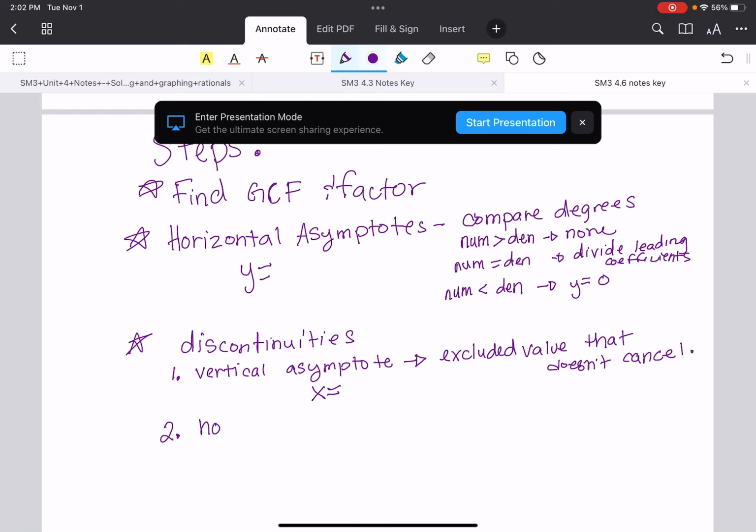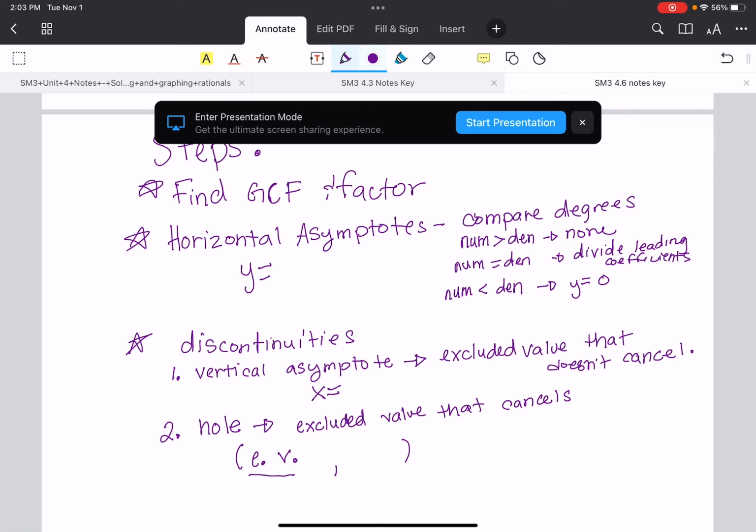The other discontinuity is the hole. Excluded value that cancels. This is written as a coordinate point.